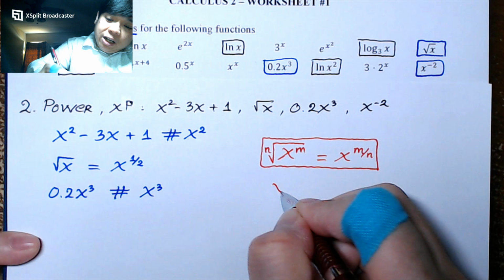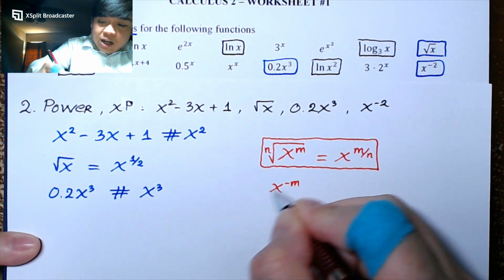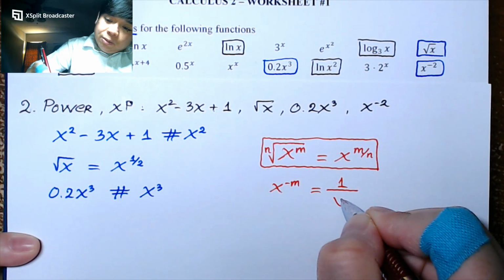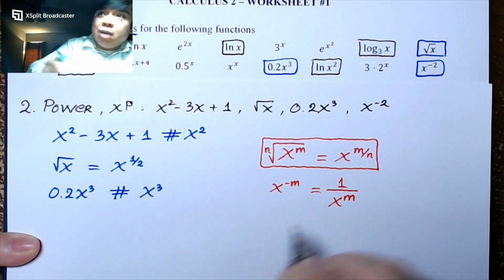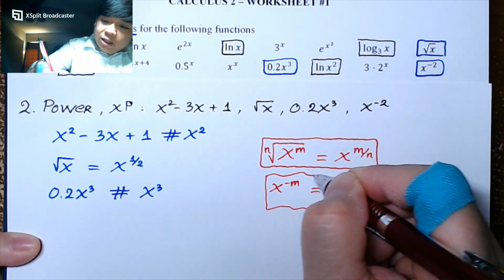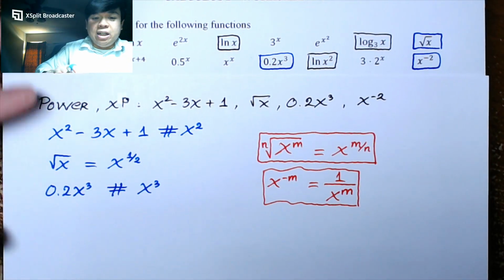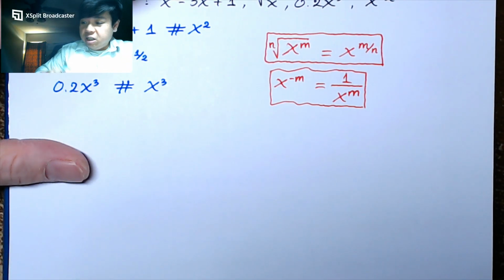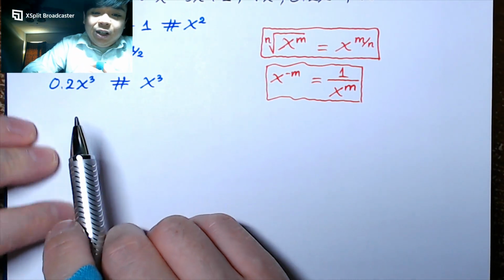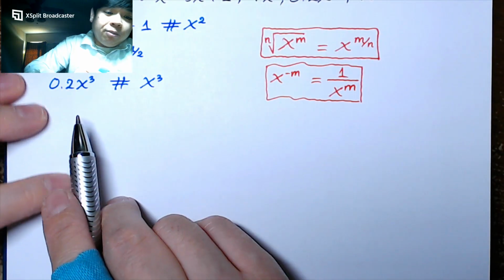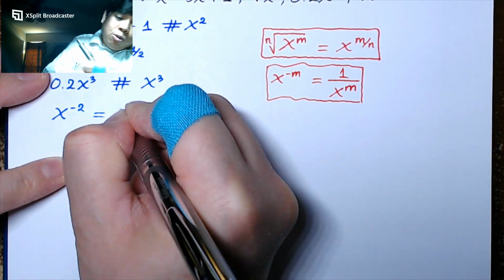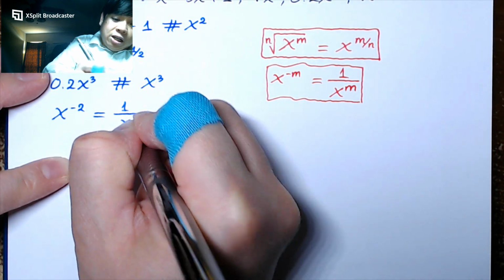If we have x to a negative exponent, we can move that to the bottom. So these two properties are very important in calculus. Not knowing that, it's almost impossible to evaluate the derivative or integral. Right, so we can say, okay, x to the negative 2 is equal to 1 over x squared.